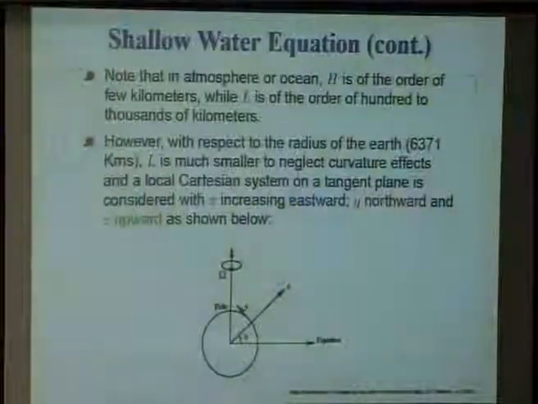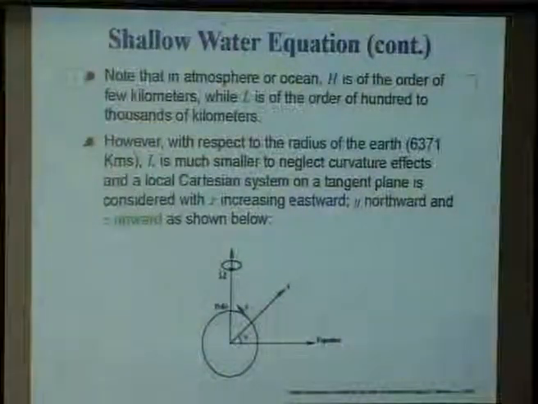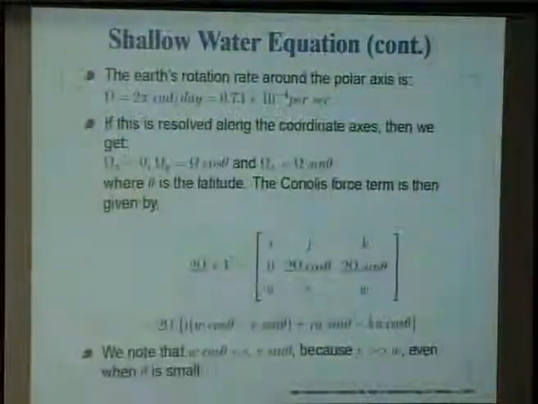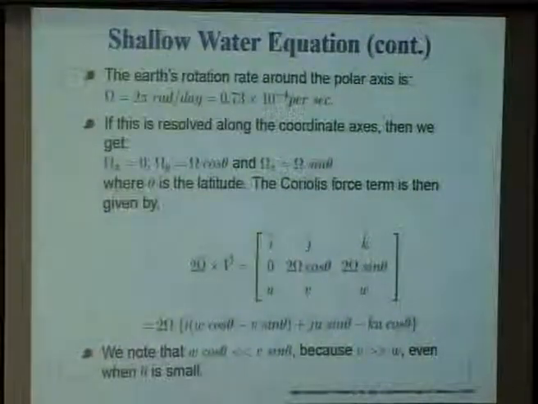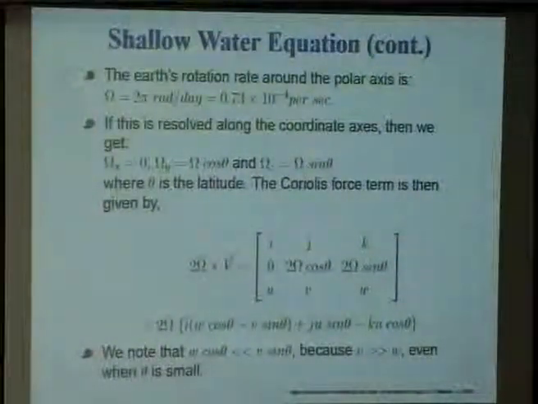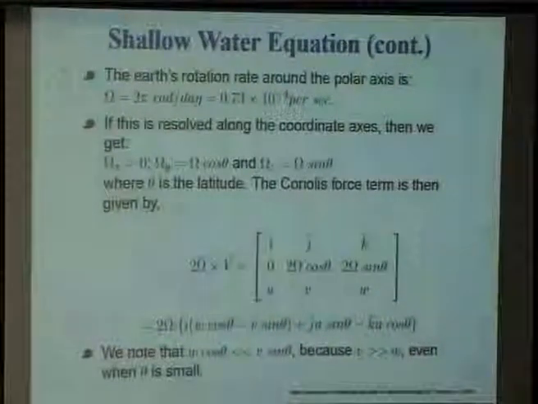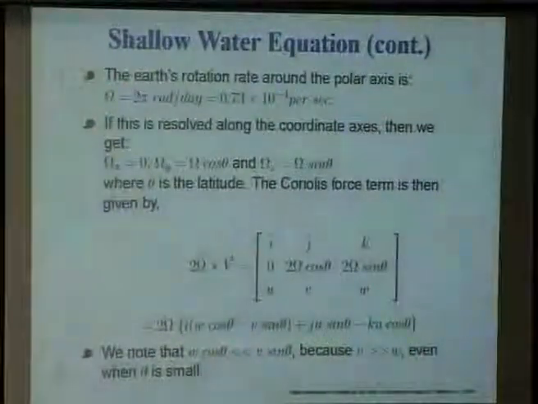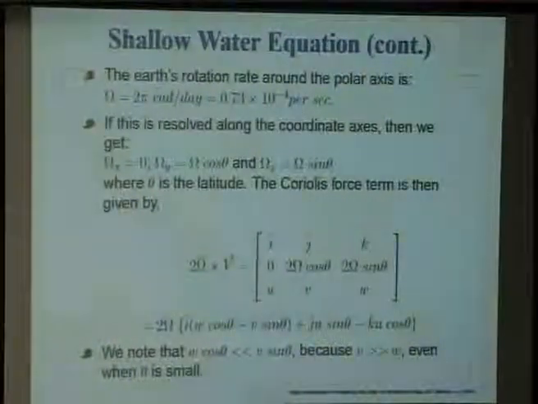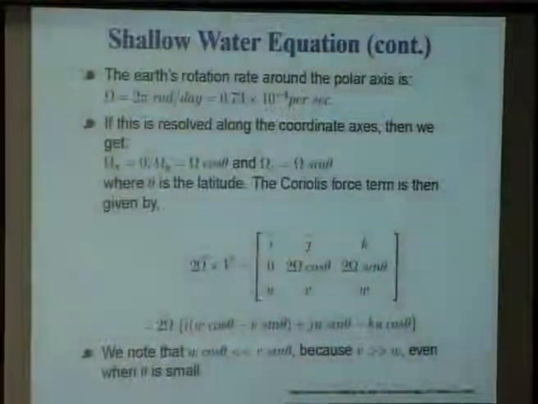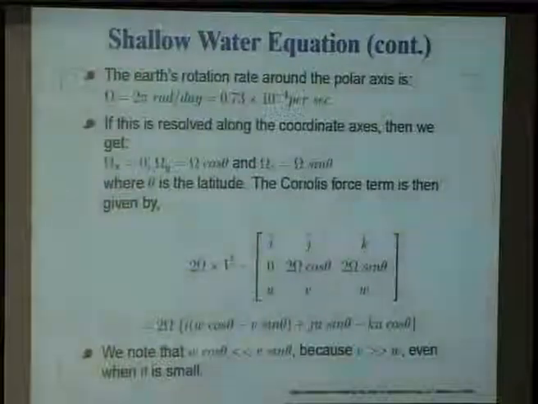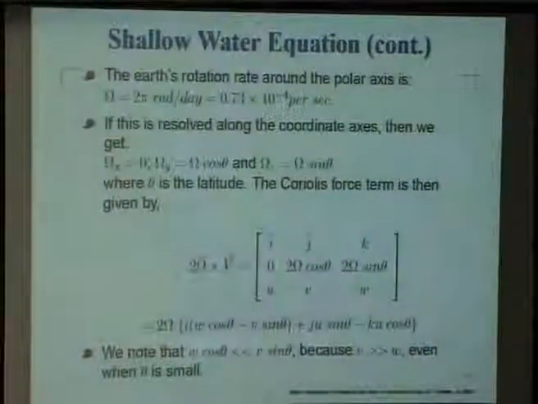We can decompose it in the x, y, z directions, and that is what we have done here. We find that we get two components, omega y and omega z given by this, whereas of course omega x is equal to 0, and theta is the latitude.